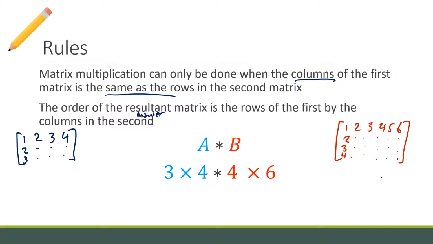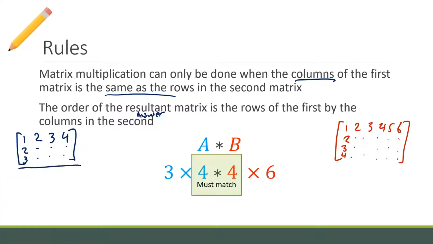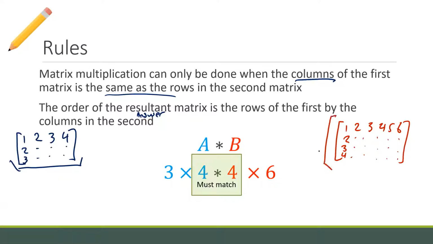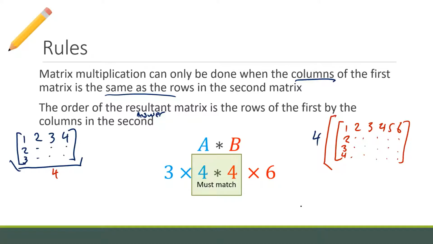But because these two numbers in the middle are the same, which means the amount of rows here is the same as the amount of columns here, this is now multipliable. And the resulting matrix, the final matrix, will have a 3 by 6 answer.